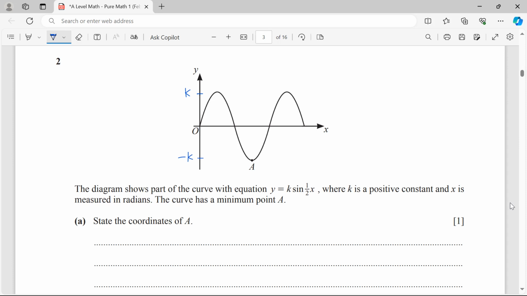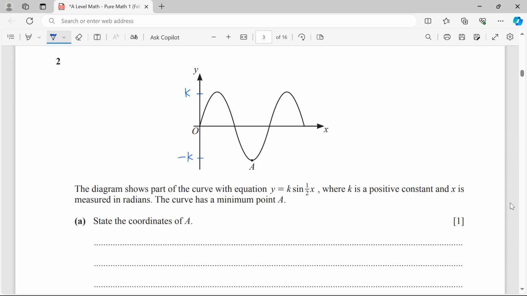Now, we know that the y-coordinate of A should be negative k. The next thing that we have to find is the x-coordinate of A, because A is a point, that means we must have x-coordinate and y-coordinate, not only one of them. For the y-coordinate, it is negative k. How do we find the x-coordinate of A?